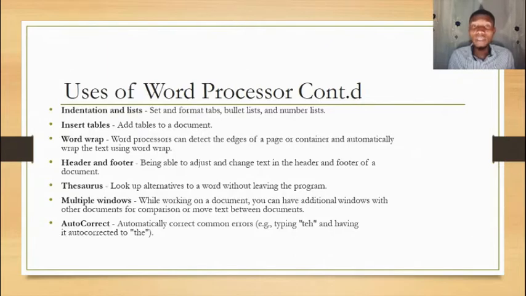That is assuming you made a mistake. So if what you typed is still what you want to type, just use the backspace. Automatically it's going to go back to what you were typing. But autocorrect, that's one of the features of word processor.